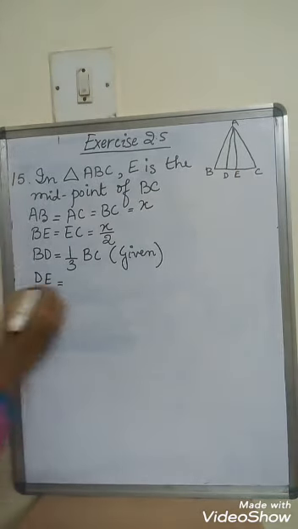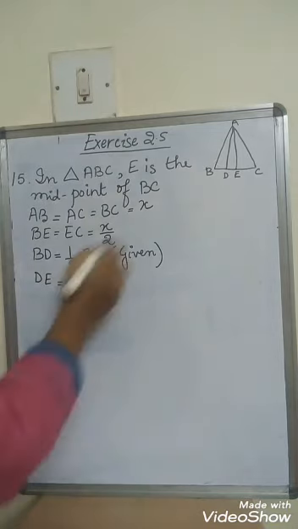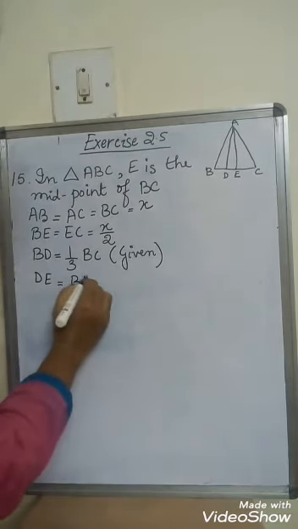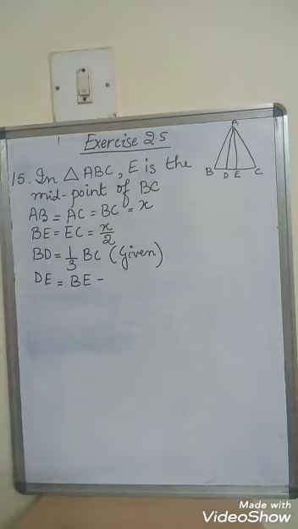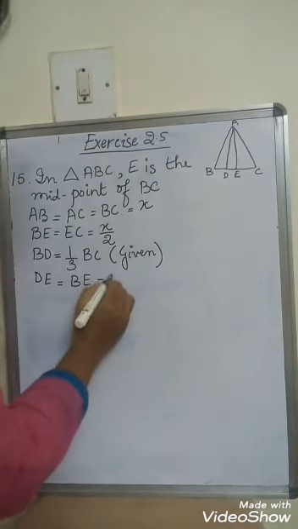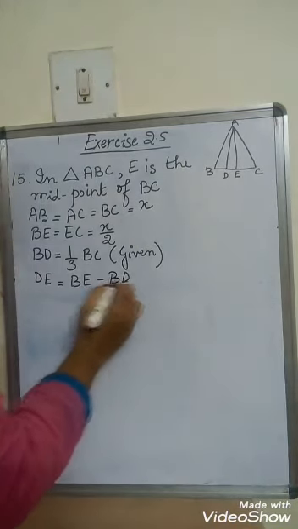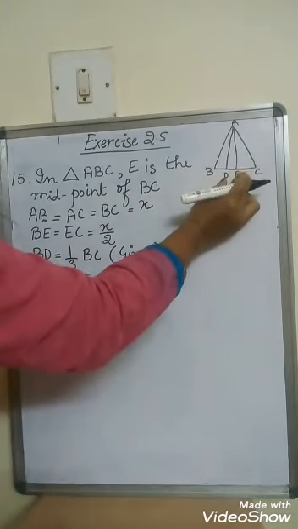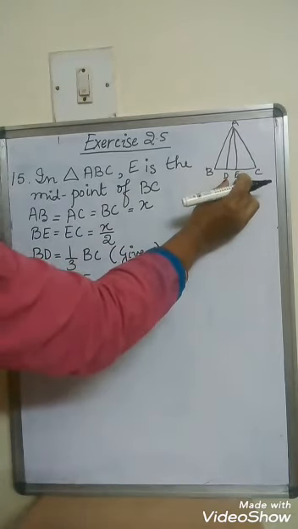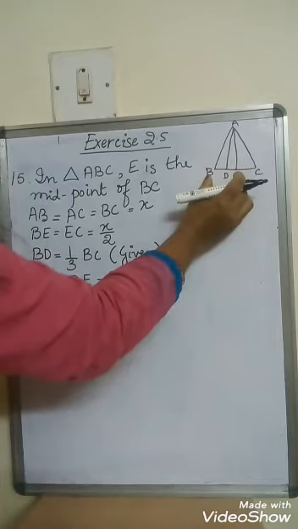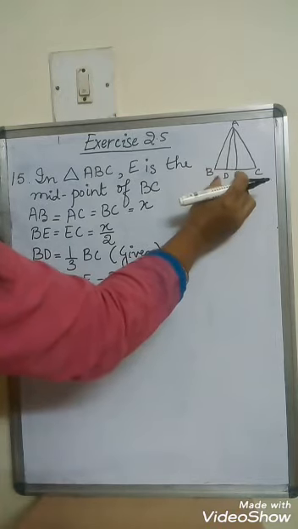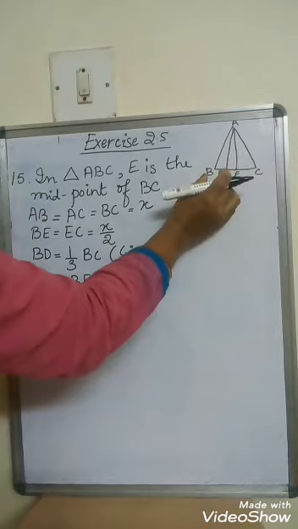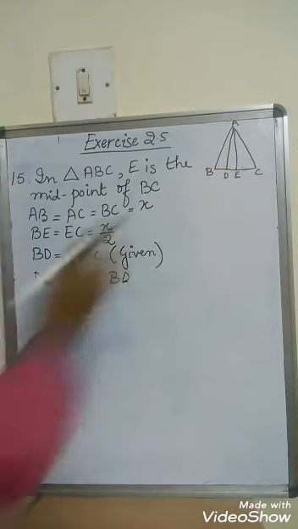DE is equal to how much? BE minus BD. We are taking out this part, so we have to subtract this part from this part. Then we will get DE.